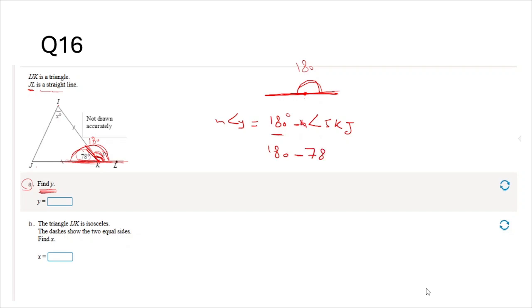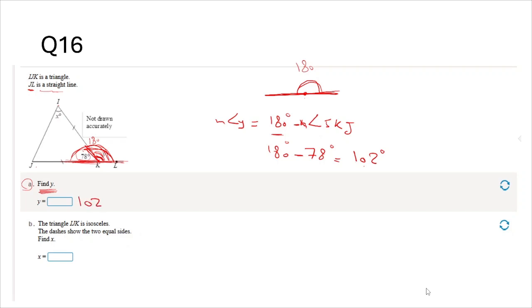If we subtract 78 from 180, it will be 102 degrees. So the value of this angle is 102, and the answer here is 102.